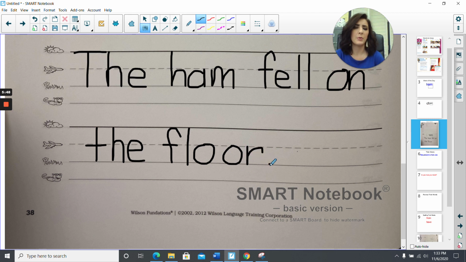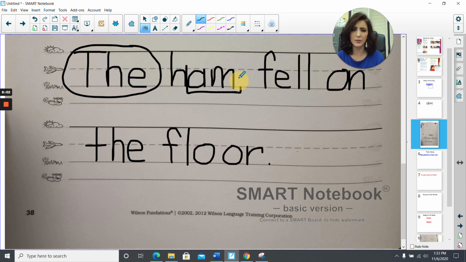Okay, so once you are done with that, we're going to go ahead and mark up our sentence and practice reading it together 2 times, okay? So you're going to circle trick word the. We're going to box our glued sound am, and don't forget to underline the digraph in the. Then we are going to star our bonus letter on fell.